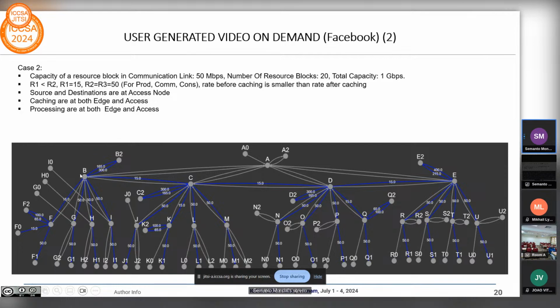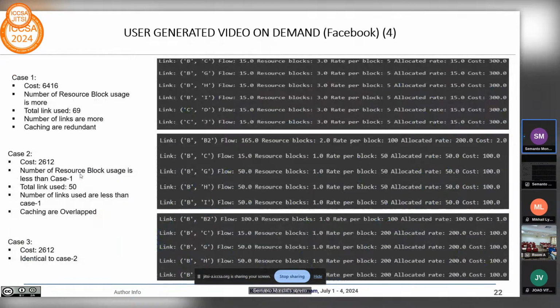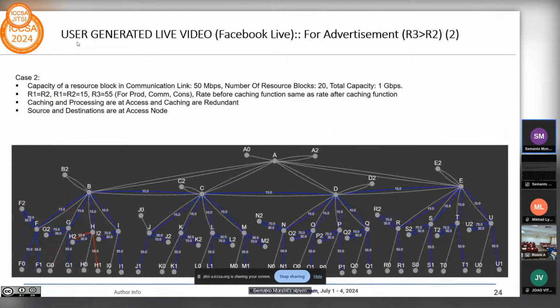That results in a reduction of the overall use of resource blocks. So here also you can see from case 1 to case 2 there's a huge reduction in overall cost, as the number of links is reduced, and the number of resource blocks used is also reduced.